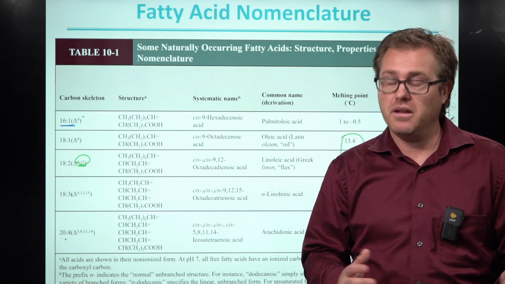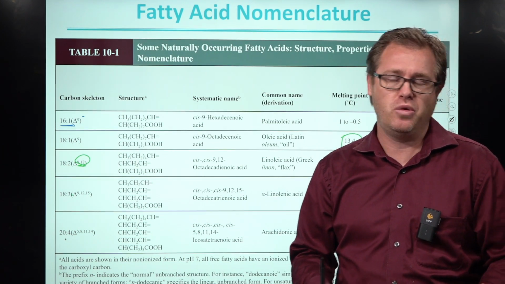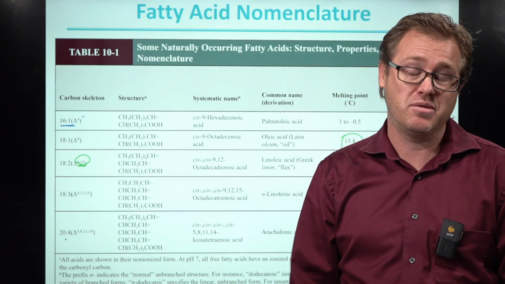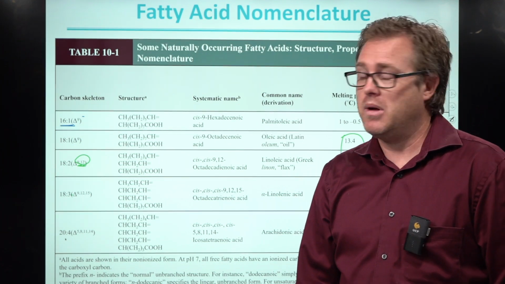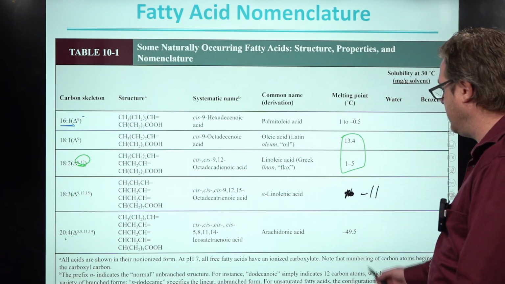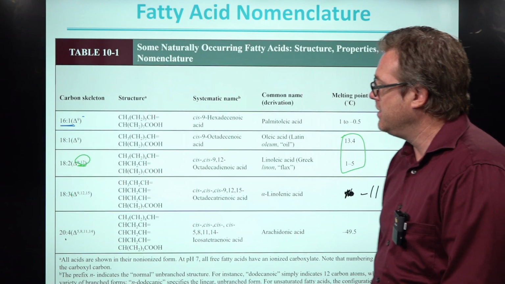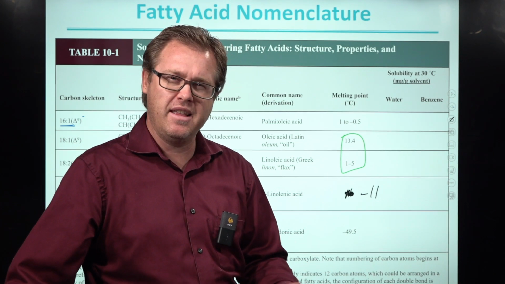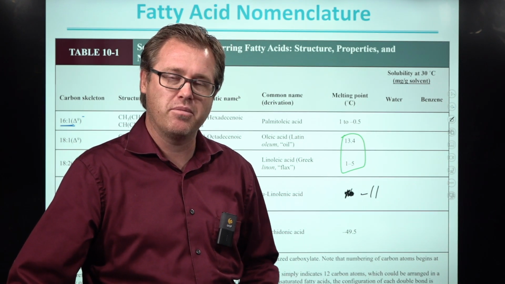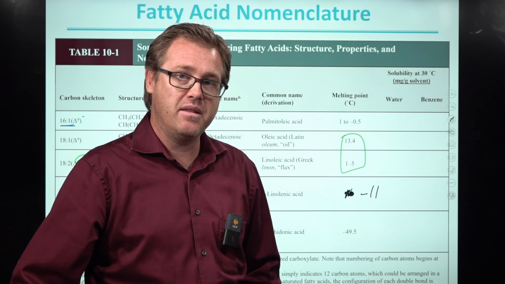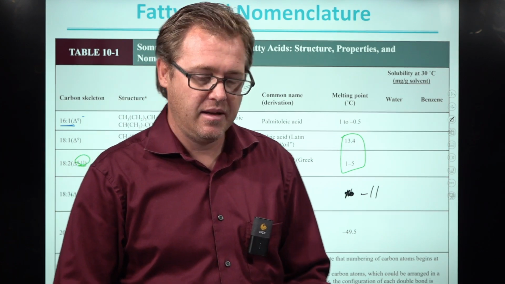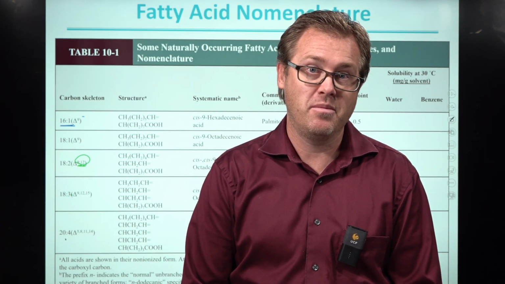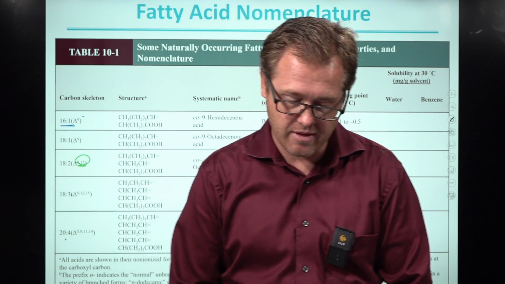So you're not going to be able to just think through that logically to predict which one's going to have the higher melting temperature. You would have to have the data for that. But up to this point, everything that I've talked about, those guiding principles, if you understand those, you would be able to predict melting temperature of fatty acids when you see them on exams or quizzes or anything like that.